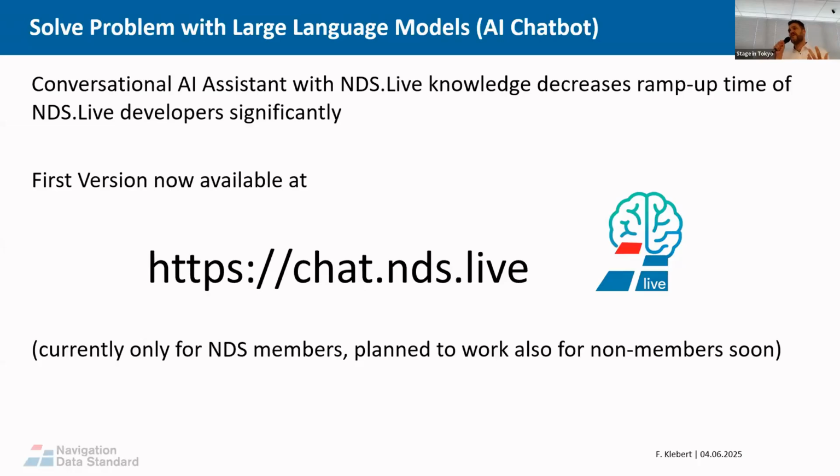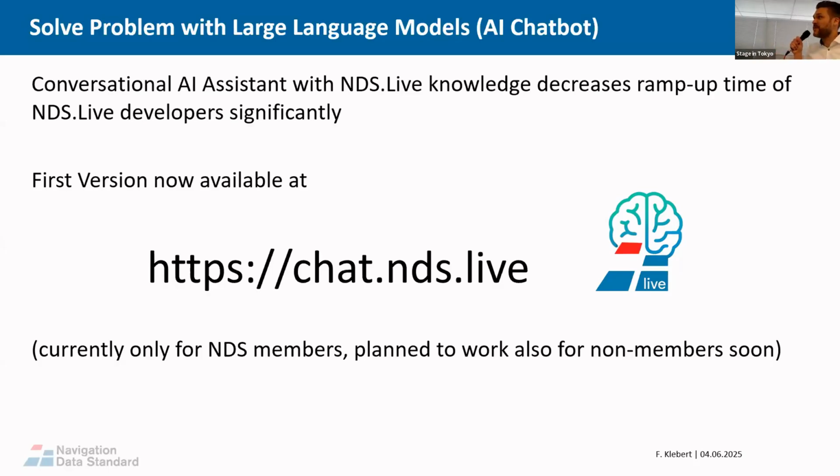If you go to large language model services available on the internet, like ChatGPT, DeepSeek, or others, you will find they know something about NDS Live, but they only know the things that we published on the blog or on LinkedIn or whatever, which is quite high level. And once you start asking questions on the details, it starts hallucinating, right? Because it just doesn't know.